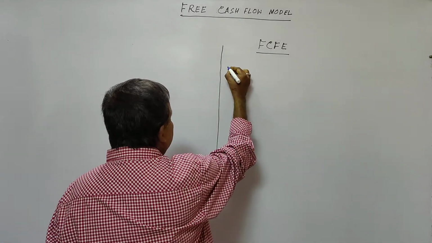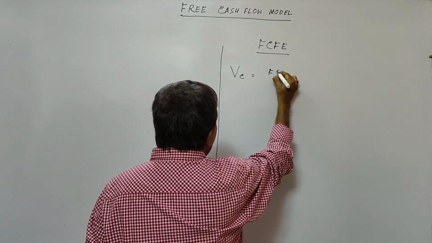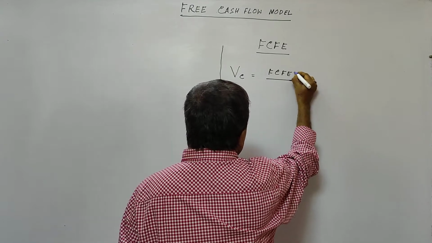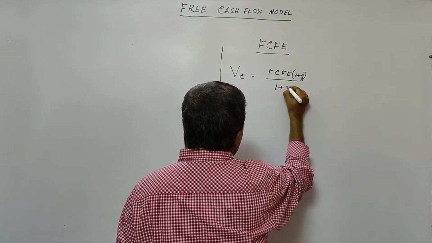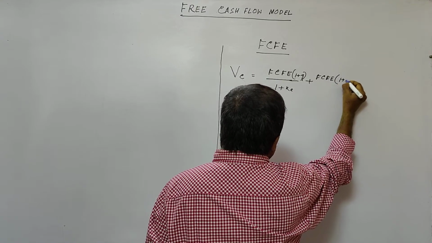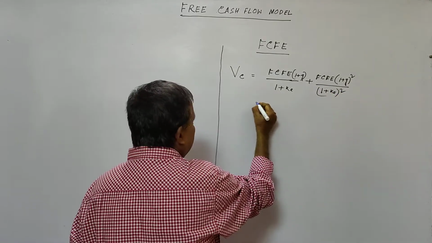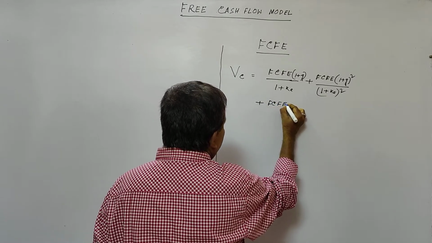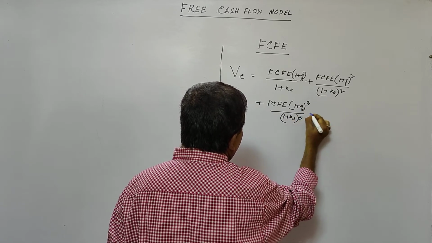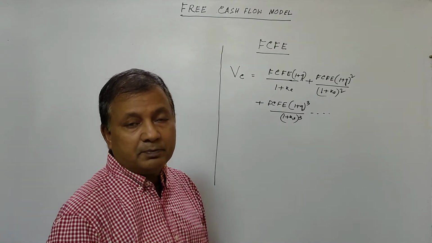So the value of the firm will be your first year, if there is a growth rate, then 1 plus K. Second year, 1 plus K square, and it will continue for certain years. Then there will be your perpetual growth.